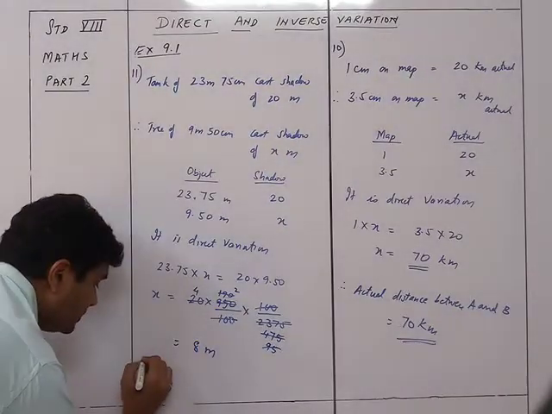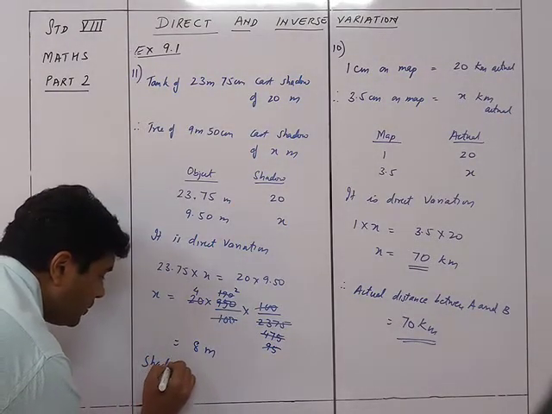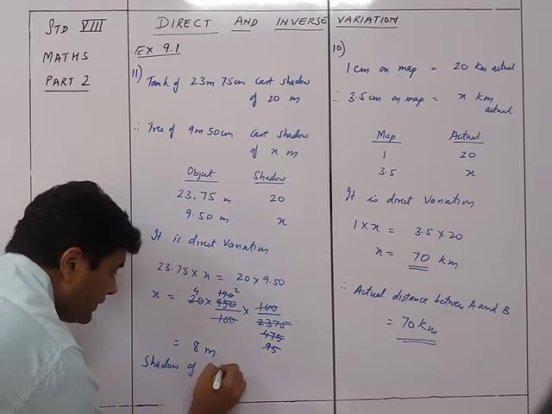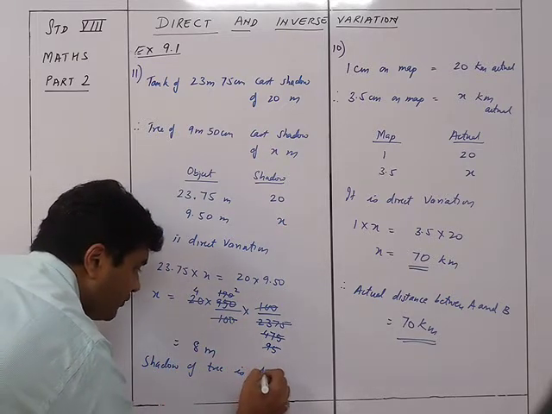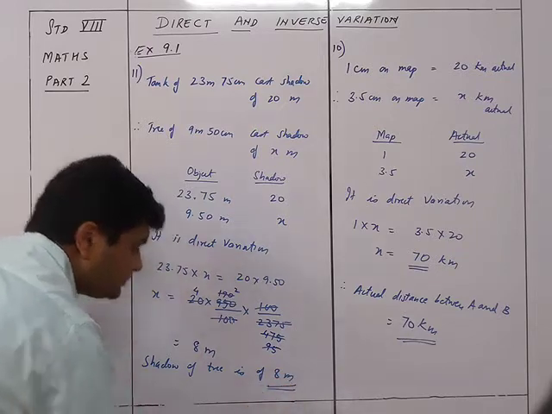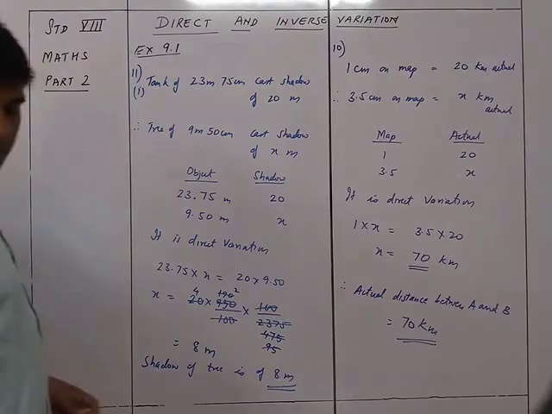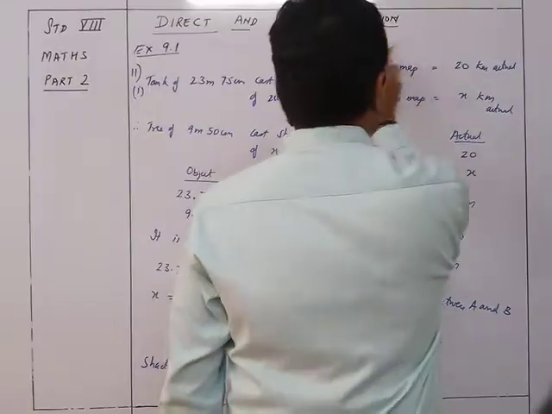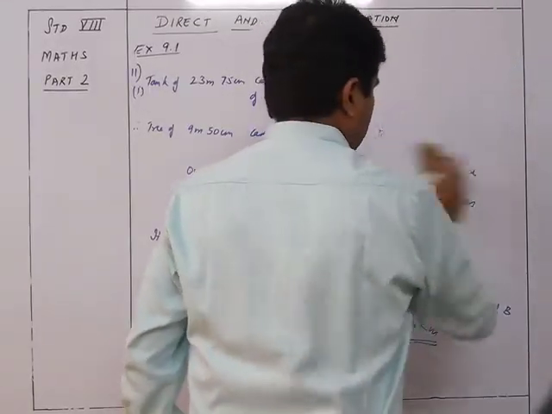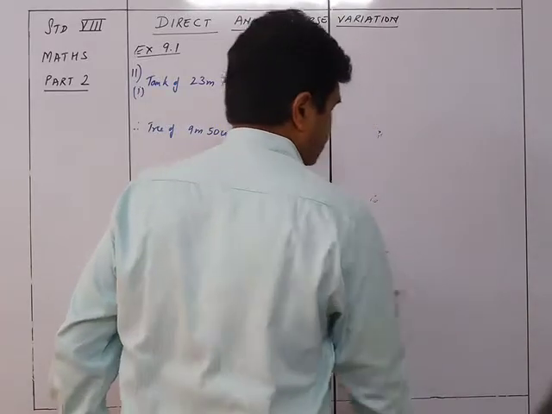So the shadow of the tree is 8 meters. That's the first answer, the first part. We now move on to the second part of the question. So let's see the second part.